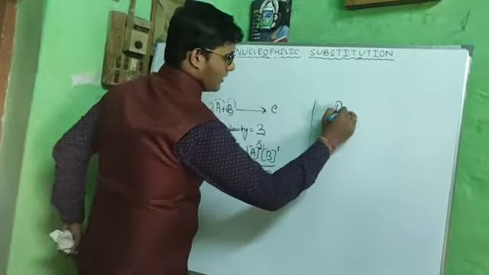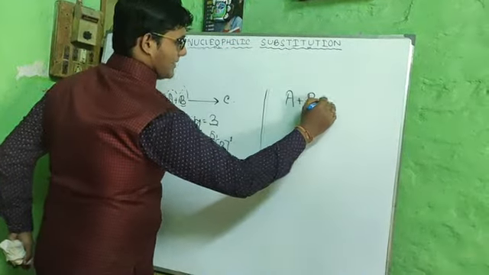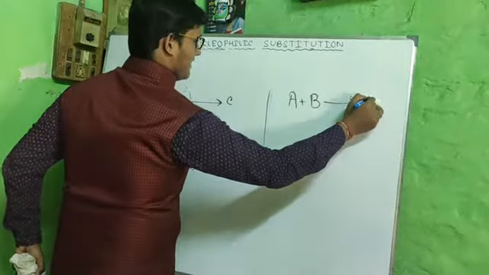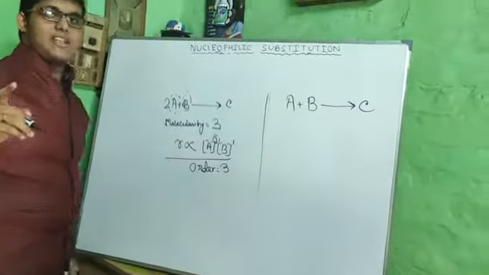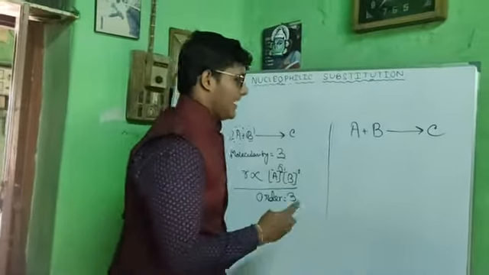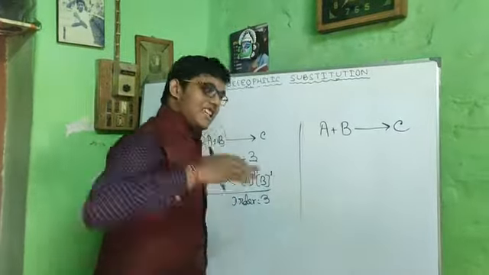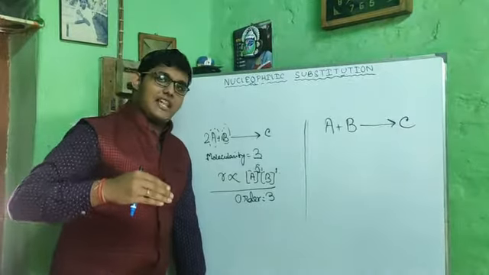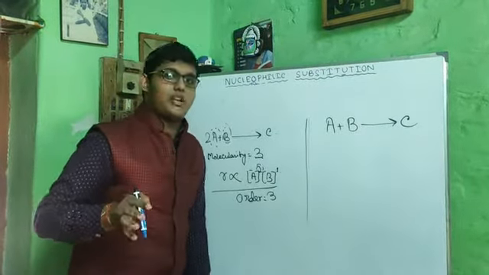If we go for a complex reaction where A plus B is converted to C, this type of reaction does not occur in a single step. There can be many intermediate steps that are not correlated with the final product.